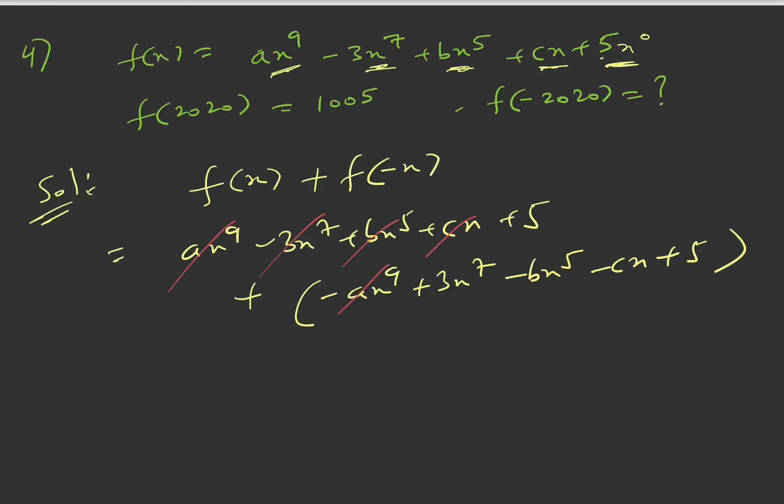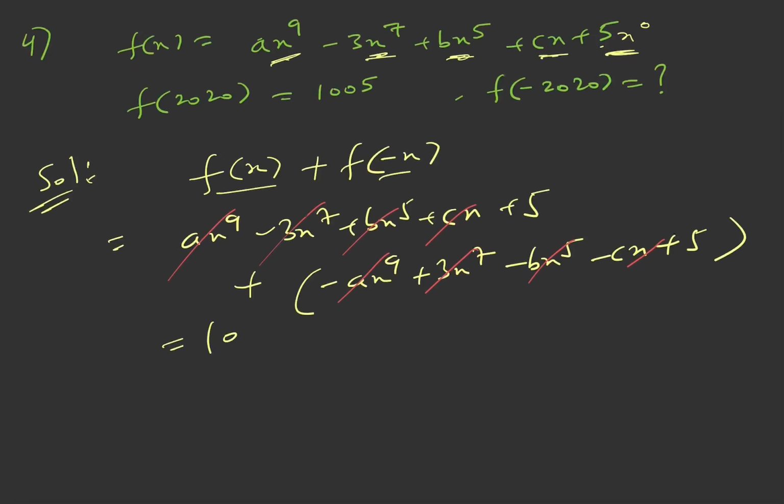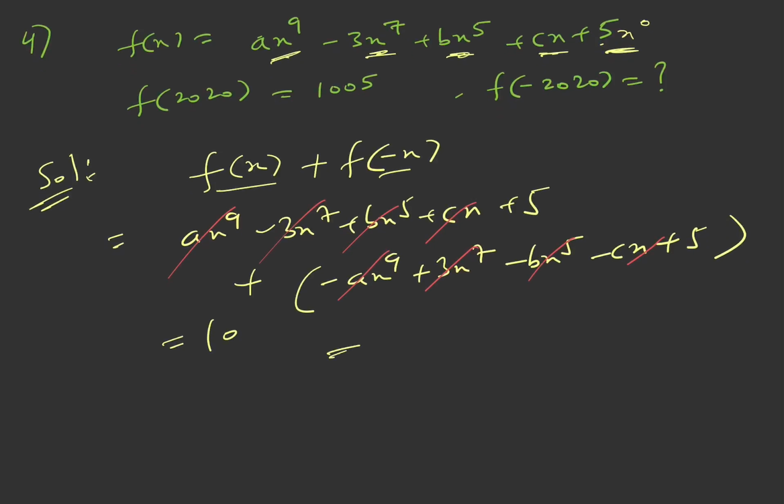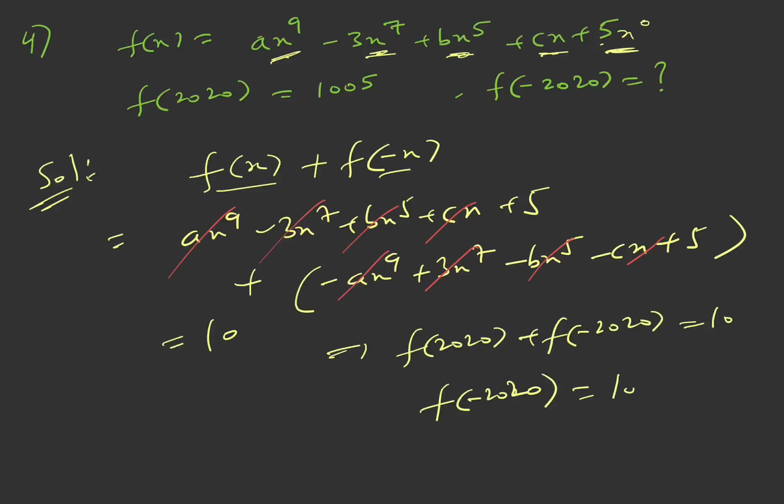So all these terms will get cancelled. You will be just left with 10, right? So f(x) + f(-x) is 10 in this case if the function is in this way. So then I can say that f(2020) + f(-2020) is 10. So f(-2020) is 10 - 1005. So this is -995.